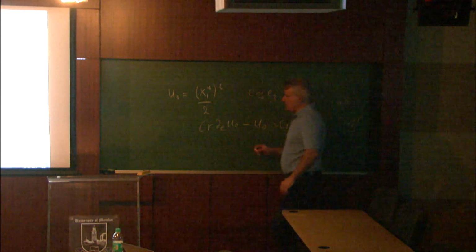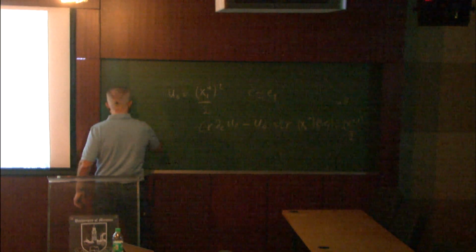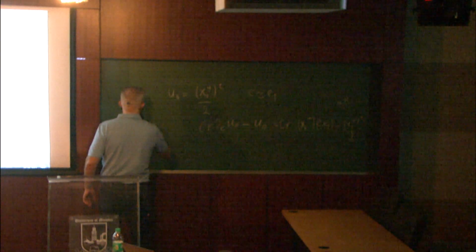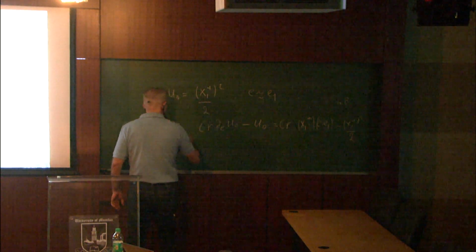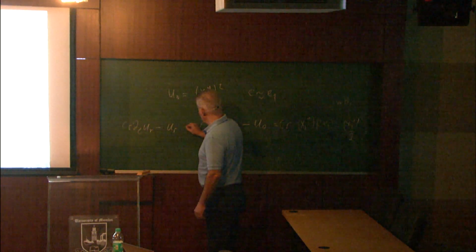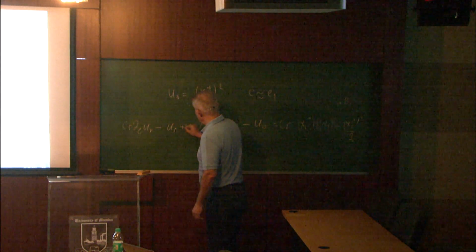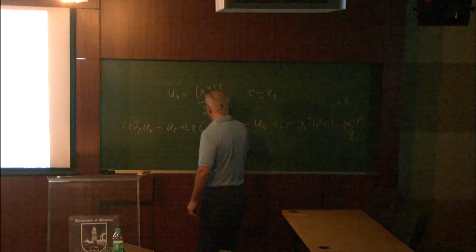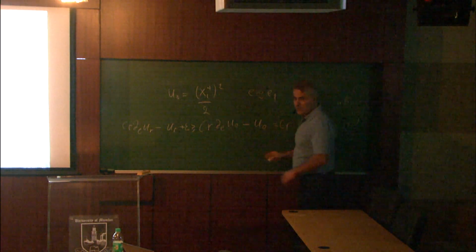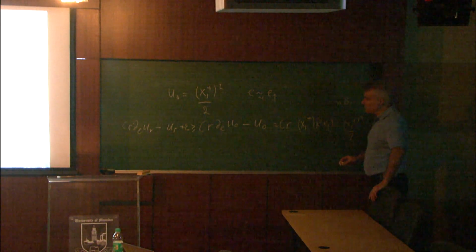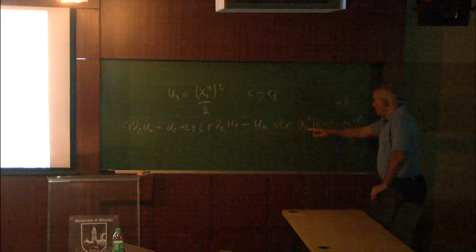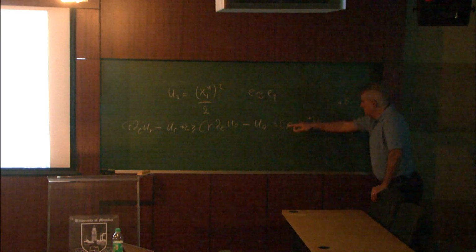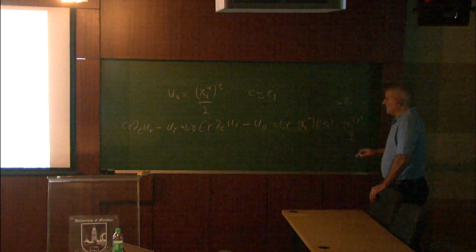So if I go back here, I have C times R, d_e u_R minus u_R, plus some epsilon 0 is larger than this guy. If R is chosen very small, this is larger than this. And this itself is exactly like this.